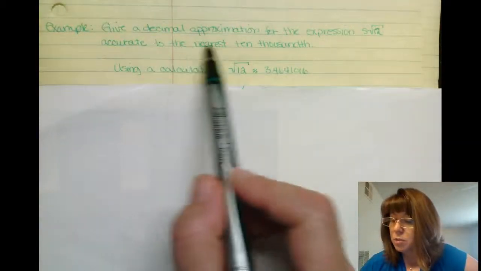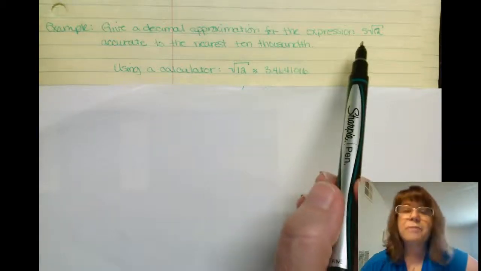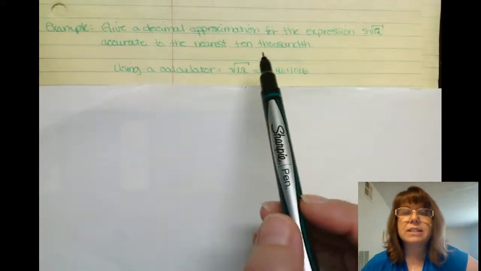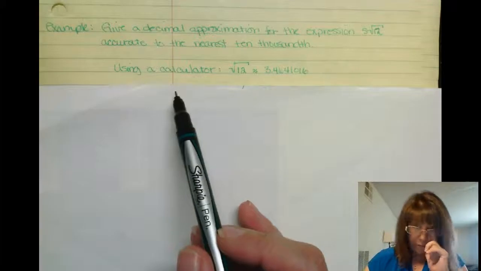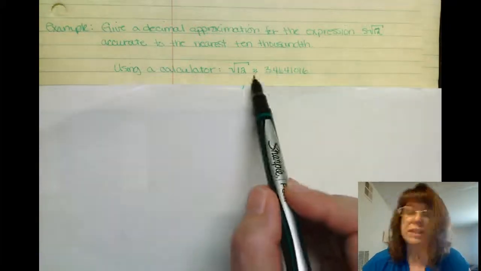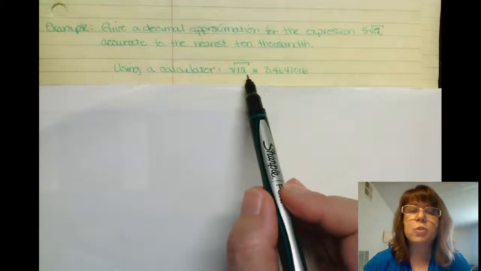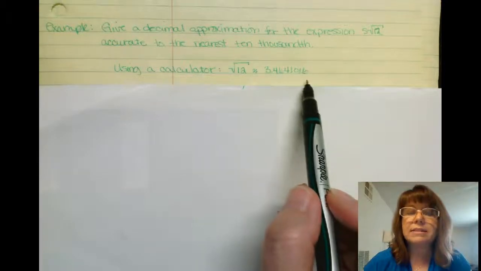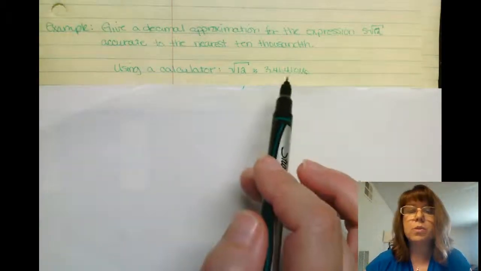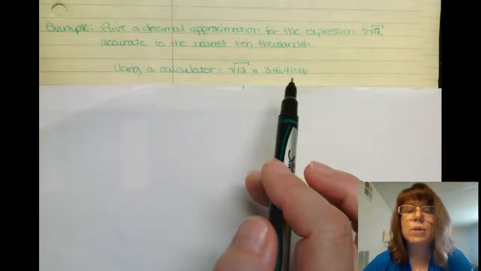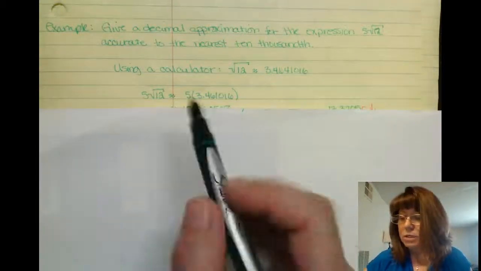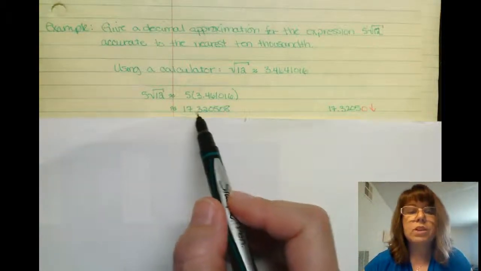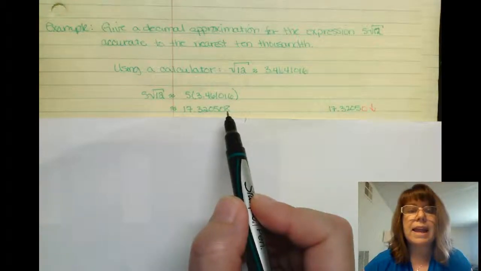So let's give a decimal approximation for the expression 5 square roots of 12. And we want to be accurate to the nearest 10,000th. So using a calculator, I'm going to approximate, and that's what these squiggly marks mean, approximate the square root of 12 as 3.46411016. Now, using this number, I'm going to multiply it by 5, and I get 17.320508.